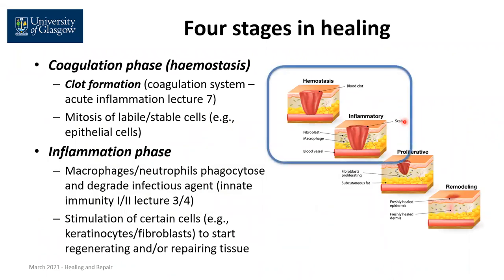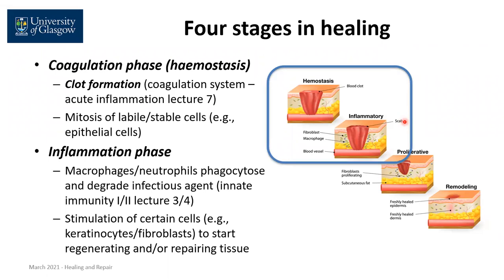As I've said, the coagulation phase is basically the formation of a blood clot. This is something that we covered in lecture 7. This will involve your labile or your stable cells, such as your epithelial cells as well. The inflammation phase is where your immune cells, and particularly your innate immune cells, such as macrophages and neutrophils, are important in phagocytosing and degrading the infectious agent or any damaged cells.